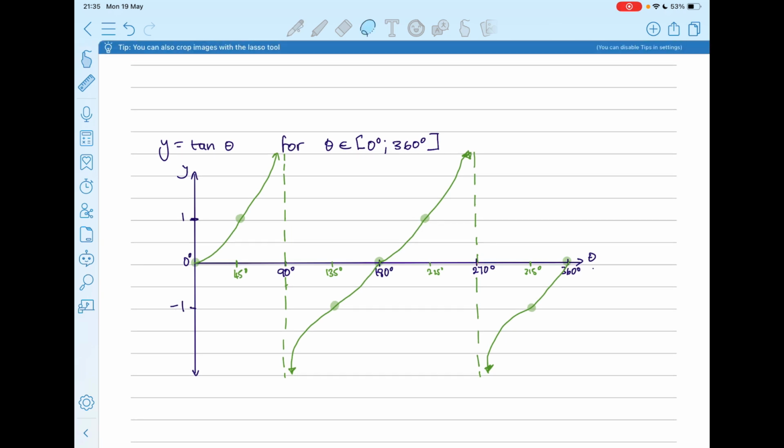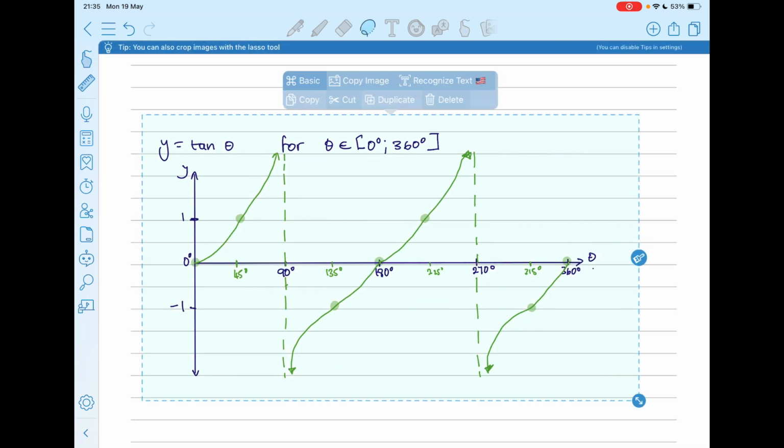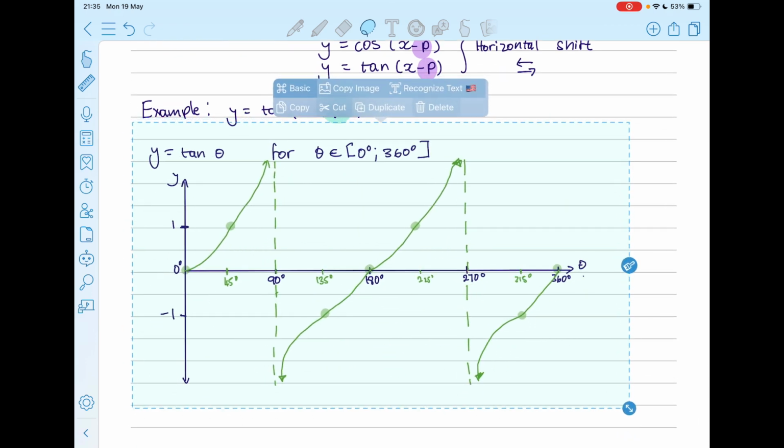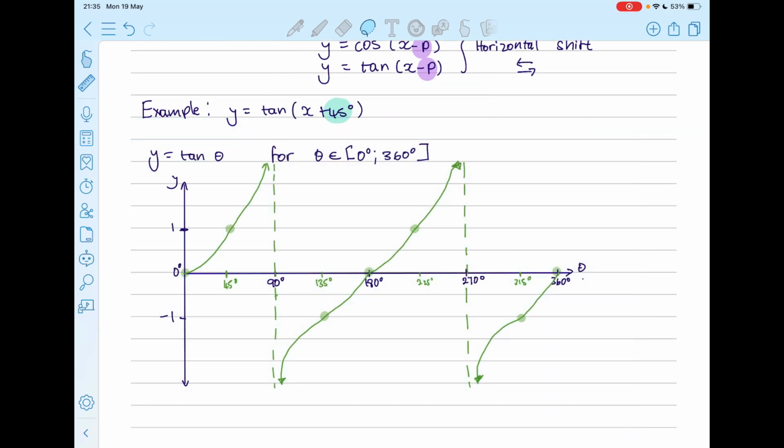So here's our graph. I think I can shift it a bit further up. There we go. So this is the standard graph for tan theta. We see that it starts at 0, and then when x is 45 degrees, we have y being equal to 1.